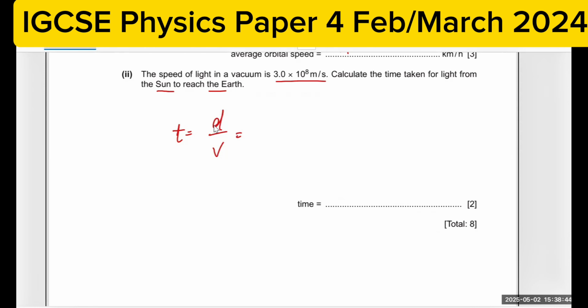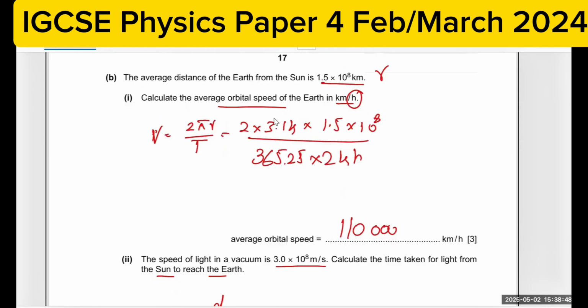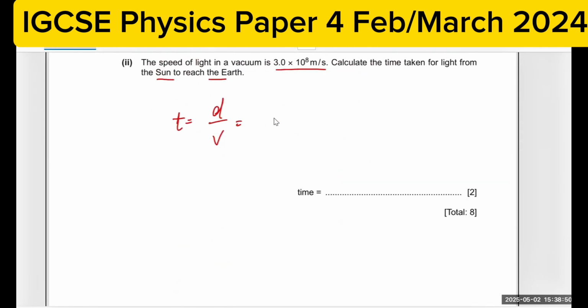The distance is given from the previous question, 1.5 times 10 power 8, but in this case we need to remove the kilo, so it becomes 10 power 11 meters, divided by v, that is 3 times 10 power 8 meters per second, and the time is 500 seconds or 8.3 minutes.